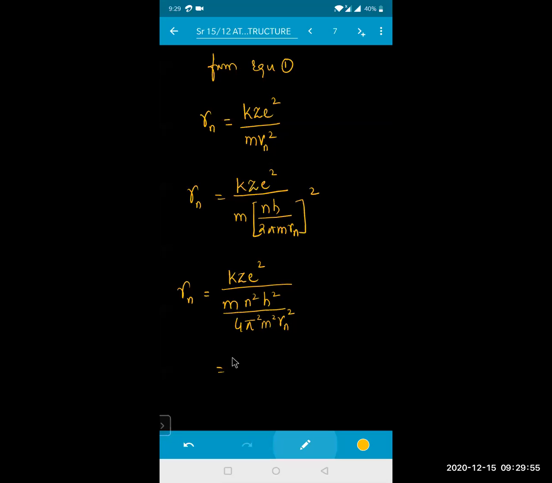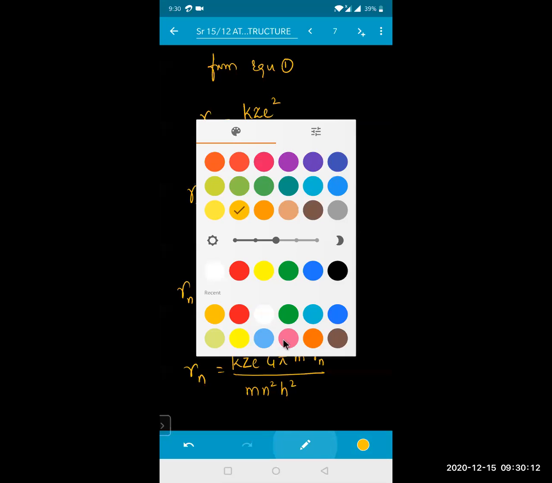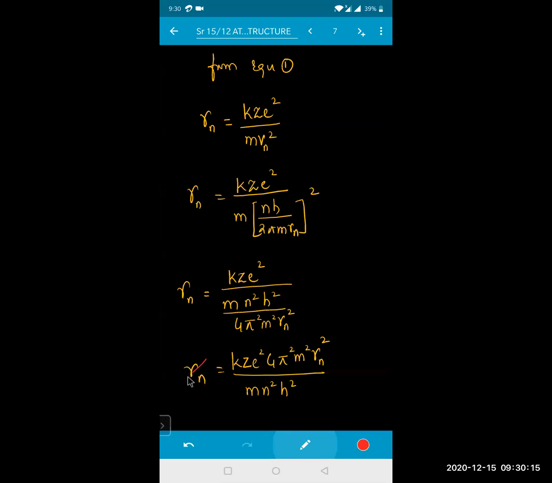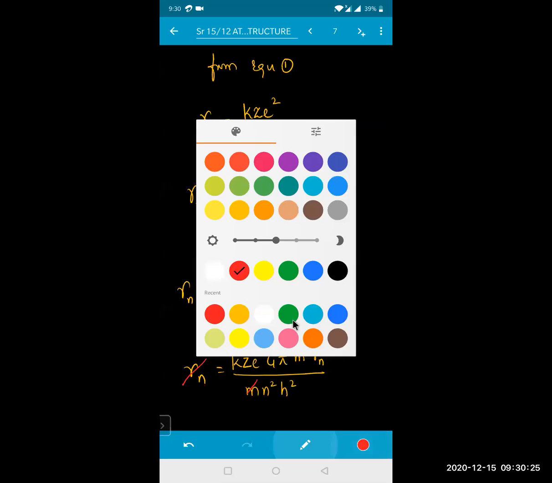So this one is k into z into e square, this one is 4 into pi square into m square into Rn square divided by m into n square into h square into Rn. Is anything getting cancelled in this one? You see beta, this Rn and this square will get cancelled. This square, the mass will get cancelled. Is anything else getting cancelled there beta? Nothing. So from this one I can get the radius of the nth orbit.